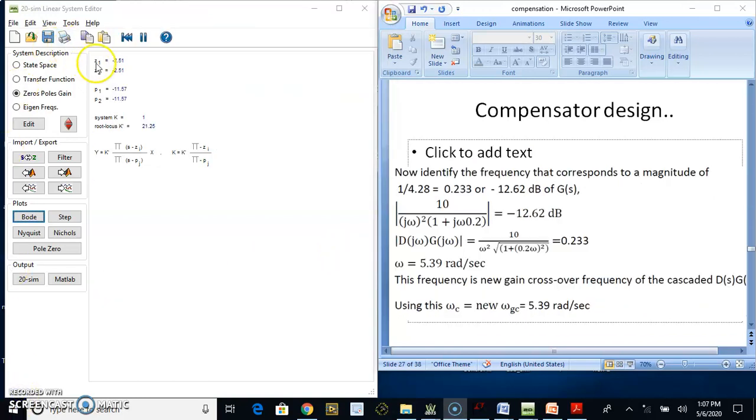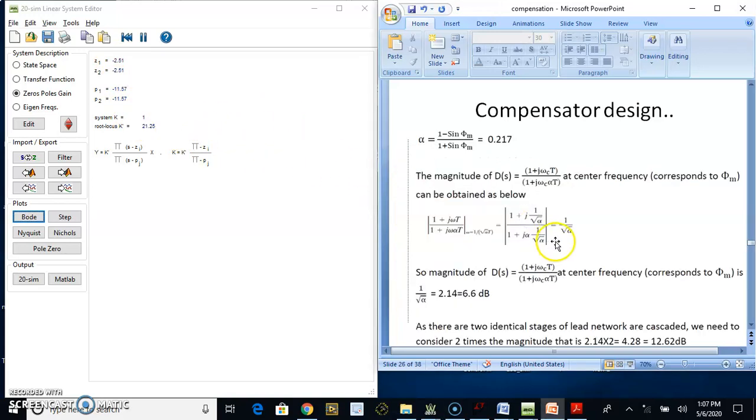You can see I'm considering only the two compensation networks, and the system gain is 1. Each one will introduce 6.6 dB, so the overall magnitude introduced is 12.62, and the overall phase shift is 80 degrees.